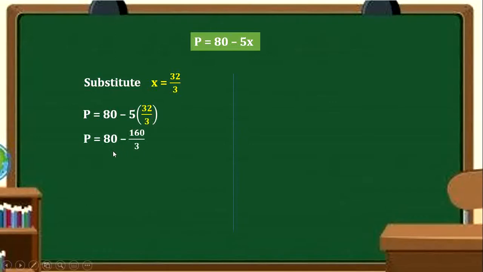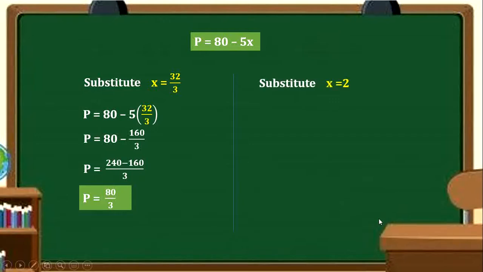So, magiging 80 minus 160 over 3, so that is 240 minus 160 over 3. So, therefore, the price is 80 over 3. So, iyan yung price kapag si x ay 32 over 3.